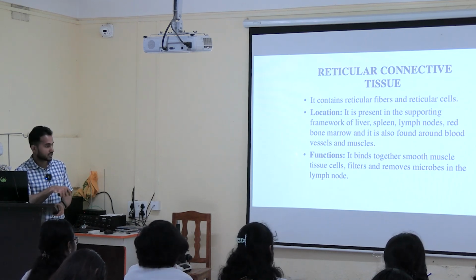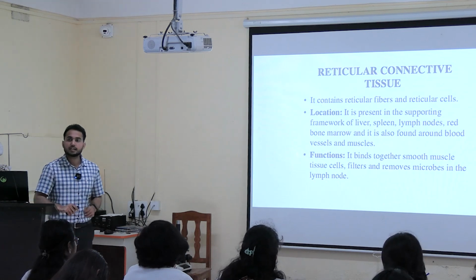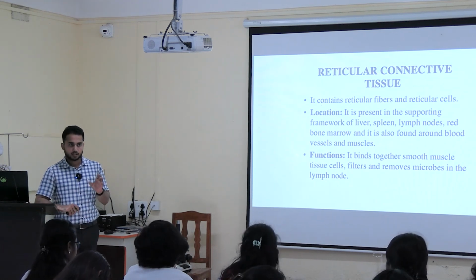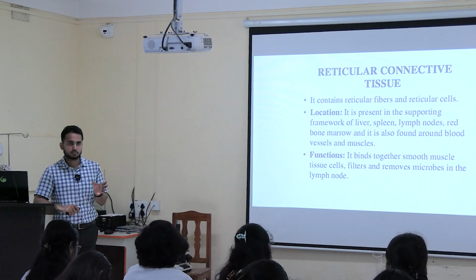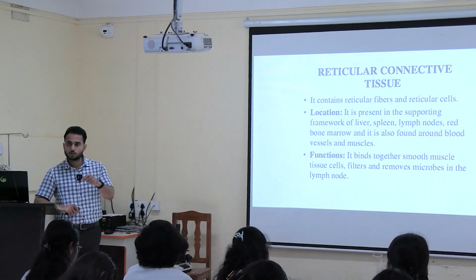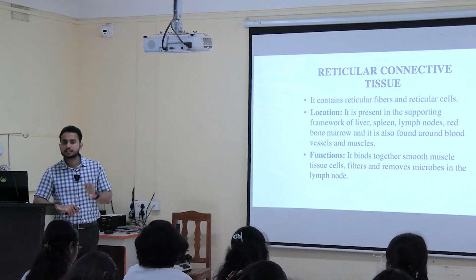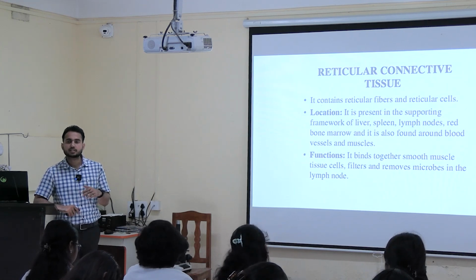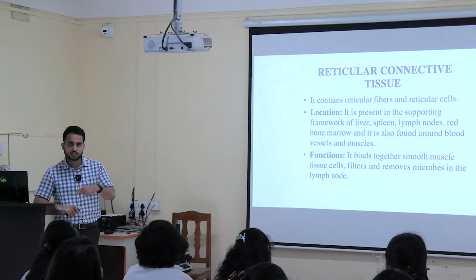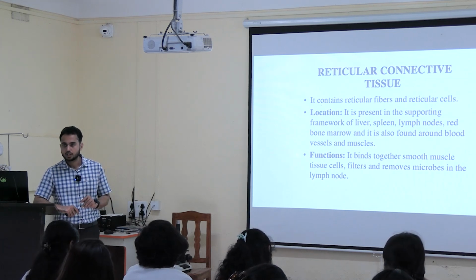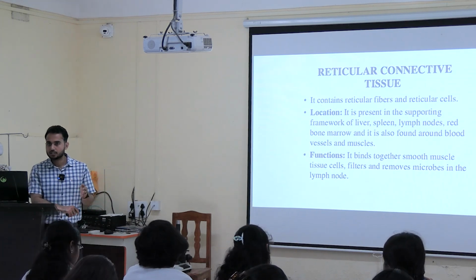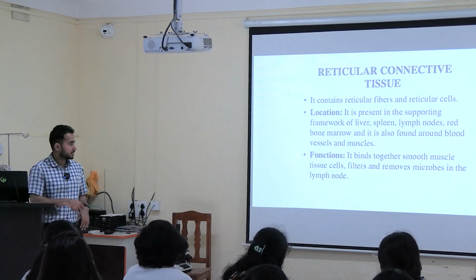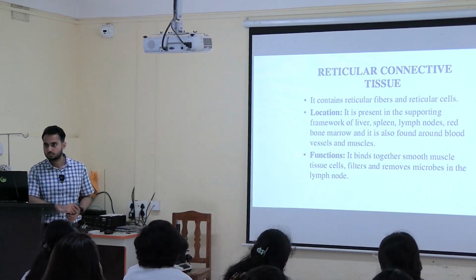When the lymph is flowing through the lymphatic channel, it has to pass through the lymph node, which is nothing but a filter of the lymph passing through it. That structure is made up of this reticular tissue.